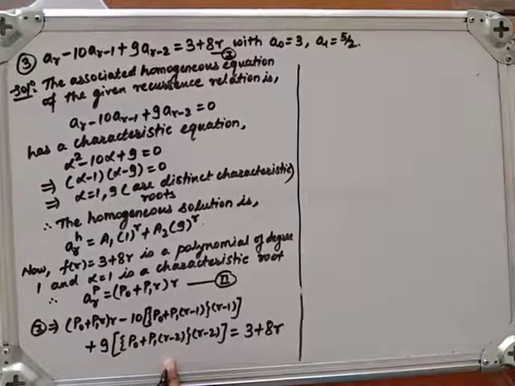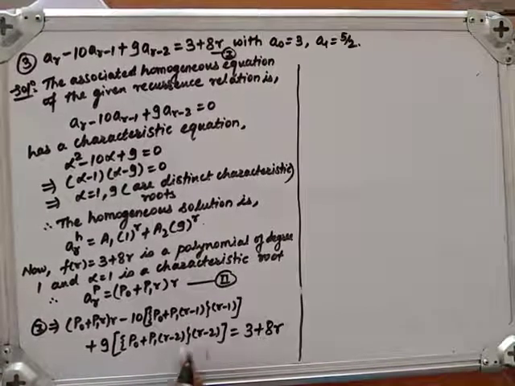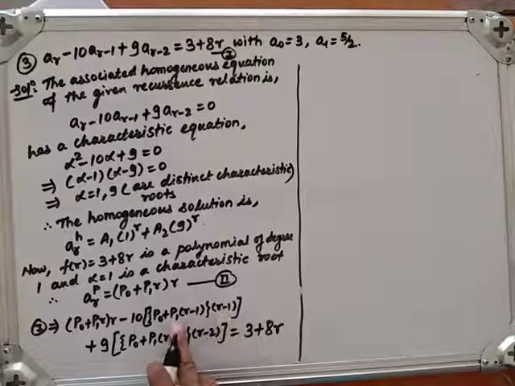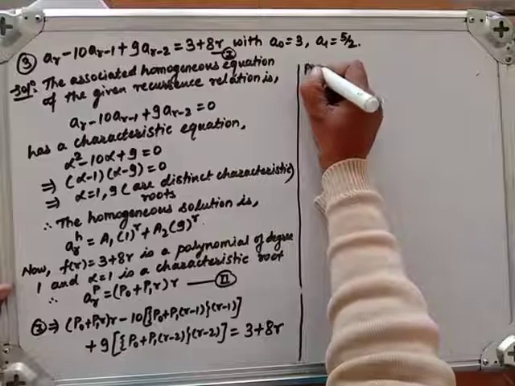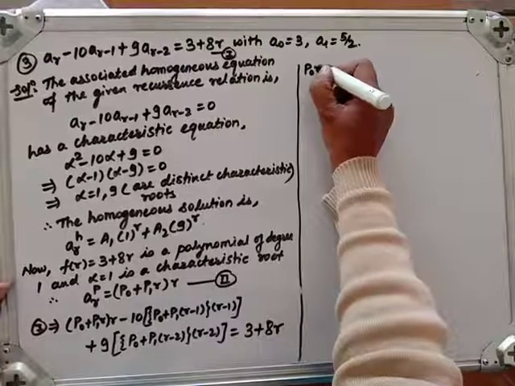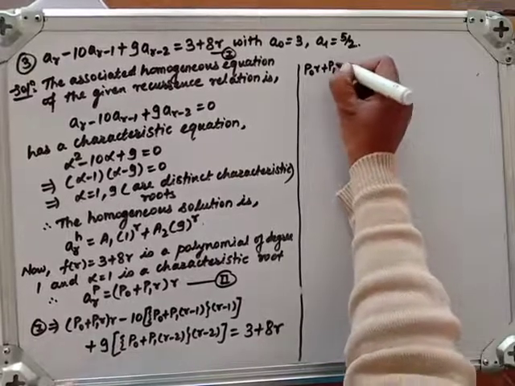So by simplifying it, we get P0 into (r minus 1), P1 into (r minus 1) square. So I will get P0 plus P0 r plus P1 r square.